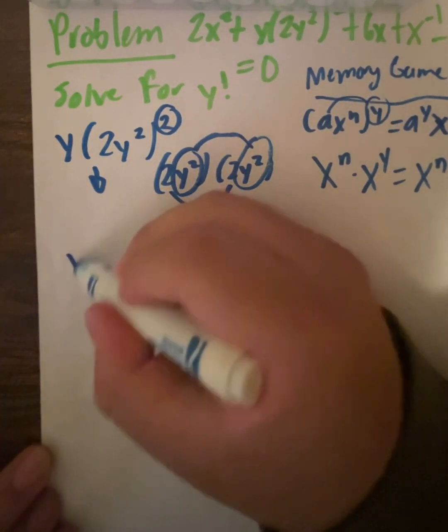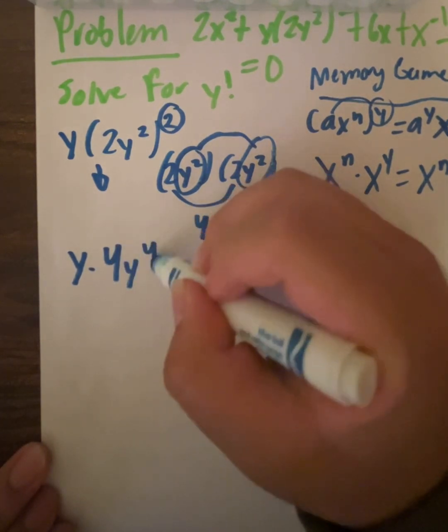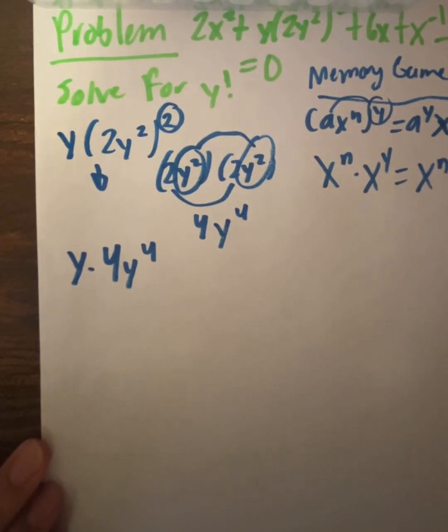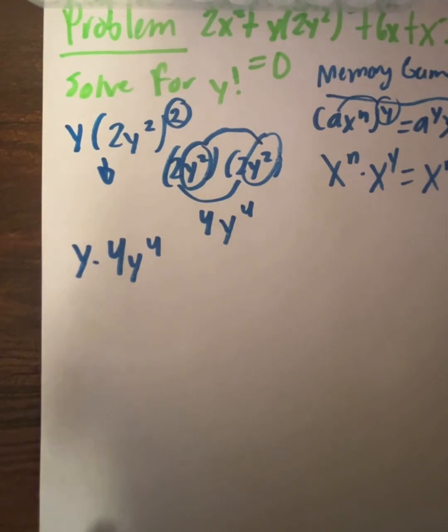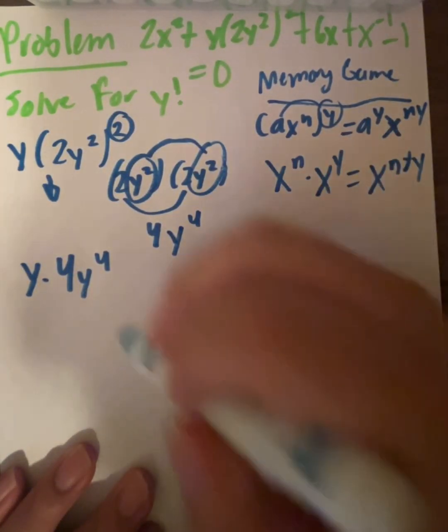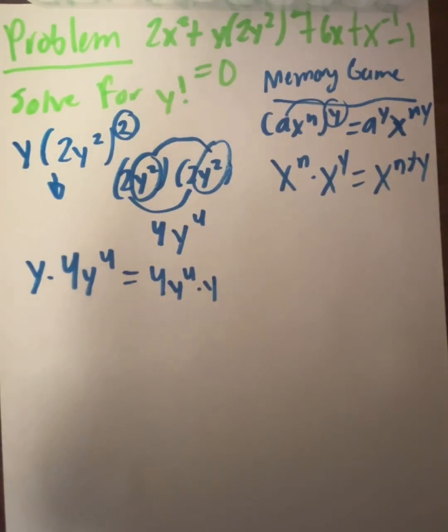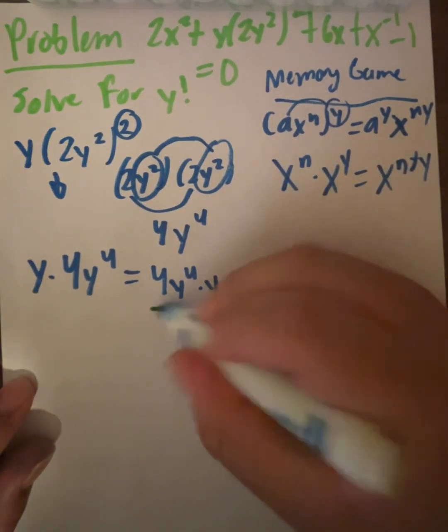And remember, we have the y up front, so it's y times 4 to the y 4. If the memory game is not direct to you, we can just rewrite this as 4 to the y 4 times y right here.